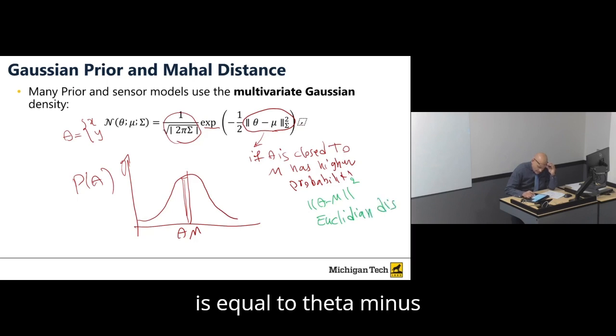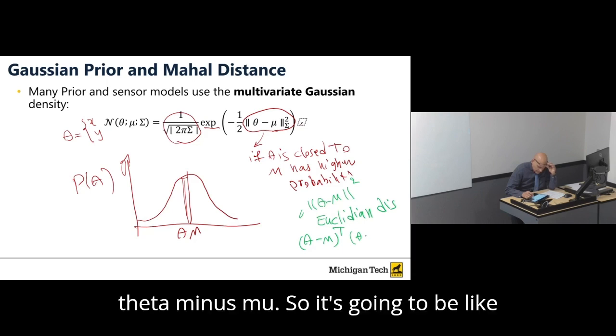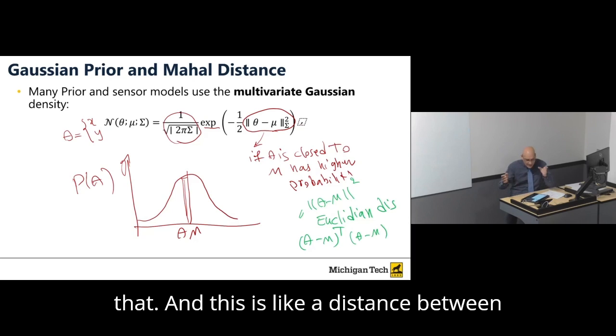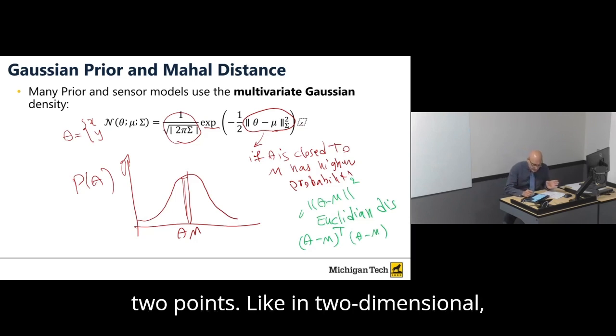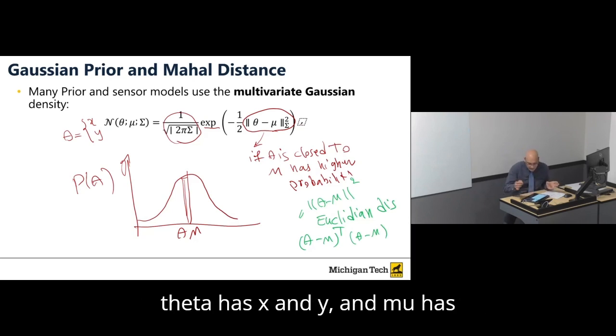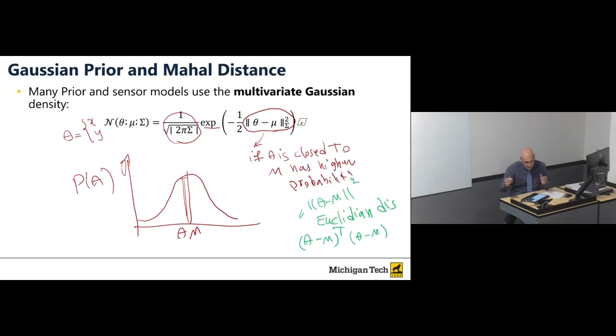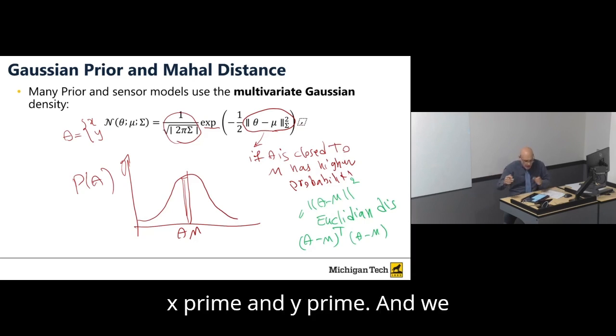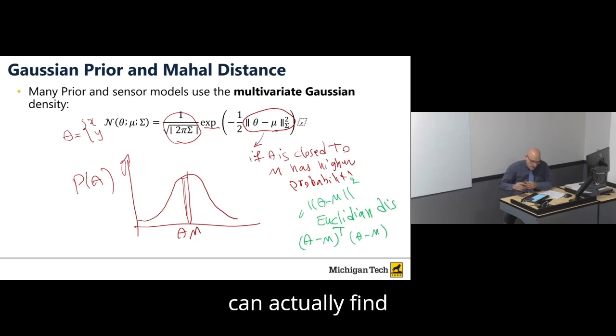And this is equal to theta minus mu transpose in a vector case, theta minus mu. And this is like a distance between 2 points. Like in two-dimensional, theta has x and y, and mu has x prime and y prime. And we can actually find this formula, and this is showing the distance.